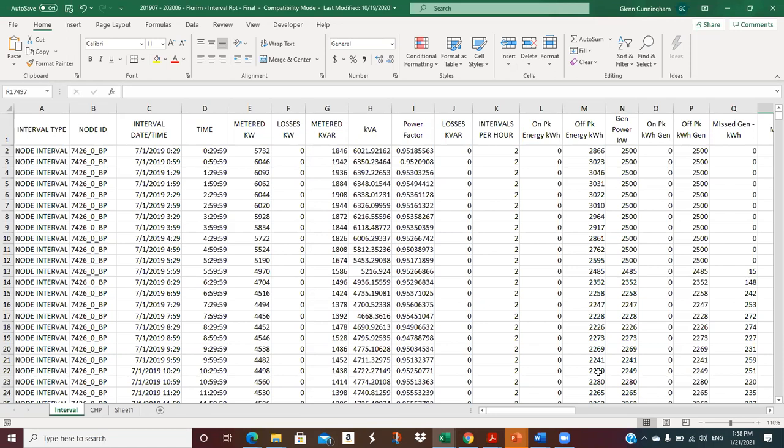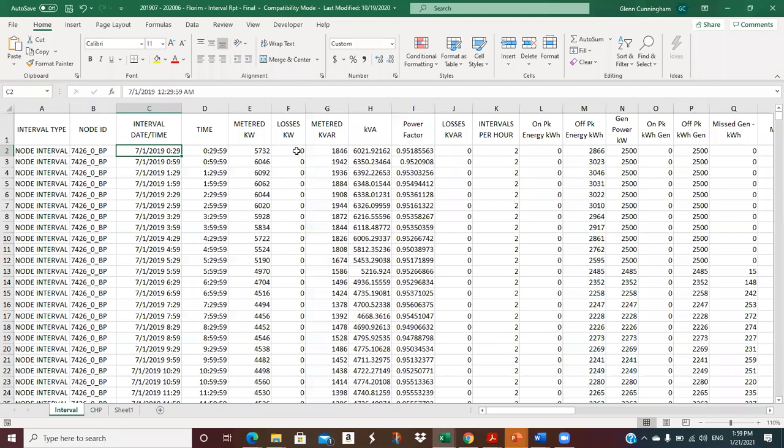But this is where the utility company came in and put their recording meters on the entire facility. And so this is 30-minute interval data. You can see this was 2019. You got the date, you got the time, you got the time split out by itself. So there's the metered kW.